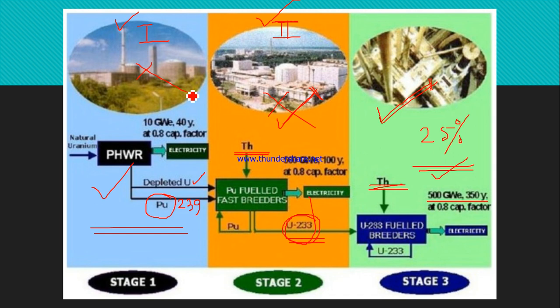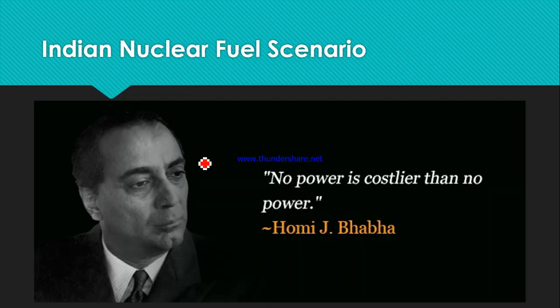So if we can prove these fast reactors, and through that convert the thorium to uranium-233, then that's all. 500 gigawatt of electricity for around 500 years, no problem, we will do it. That was the vision of Dr. Bhabha, the father of the Indian nuclear program.